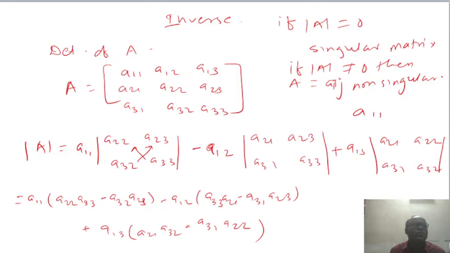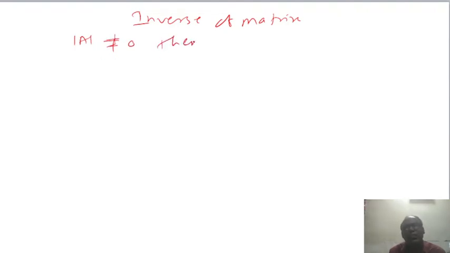After this, we have to find the inverse of a matrix. Before finding the inverse of a matrix, you should find the determinant of A, and it should be not equal to 0. This is a non-singular matrix, and only then does A inverse exist. Then we get A inverse. Otherwise, the inverse does not exist.